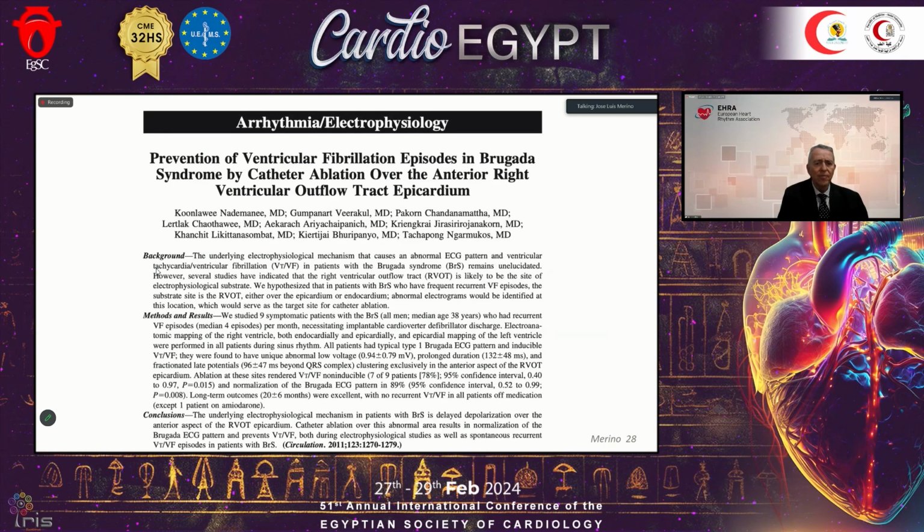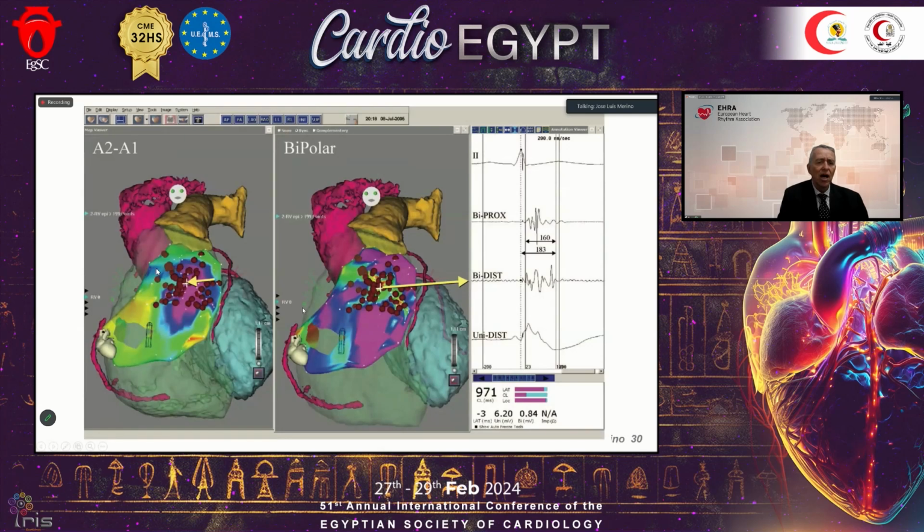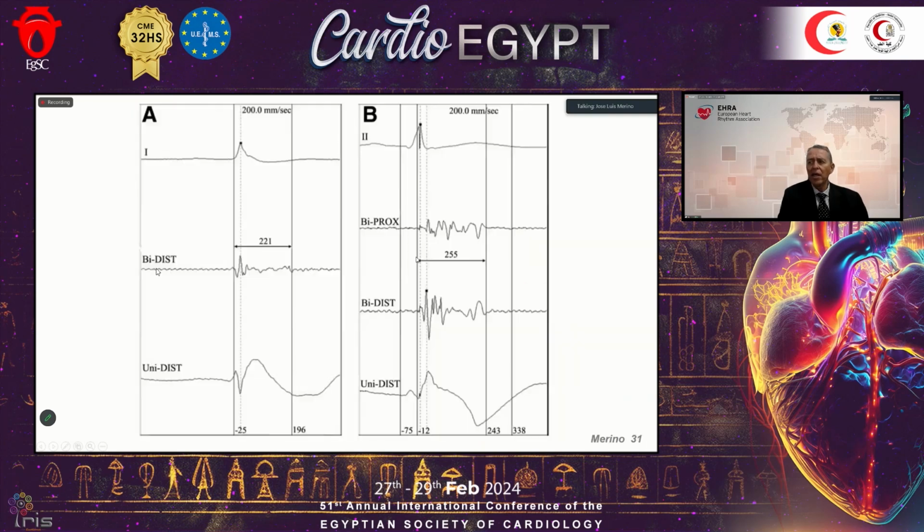However, more recently, what has been found in order to ablate not the trigger but the substrate or the driver was published by the group of Professor Nademanee. What they found in Brugada patients is an area in the right ventricular outflow tract, in the epicardium, where wide and complex electrograms were found, and by ablating these low voltage areas they were able to cure many of these patients.